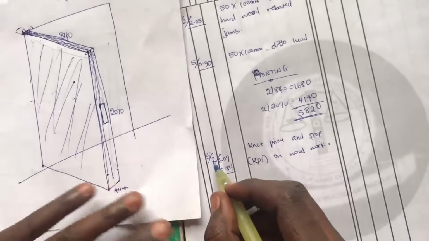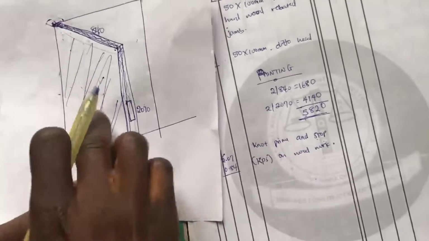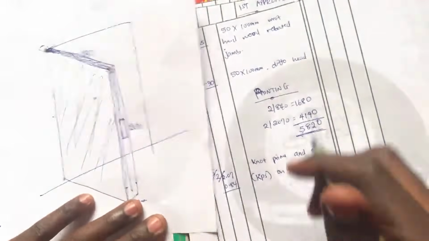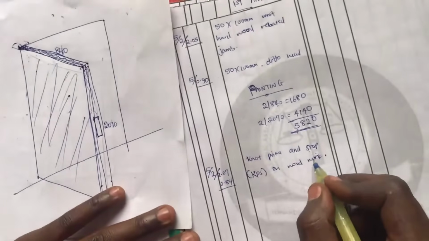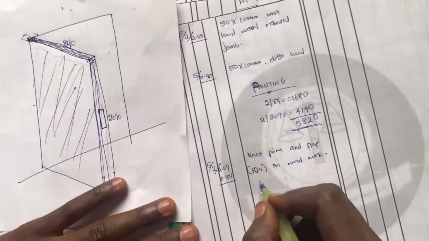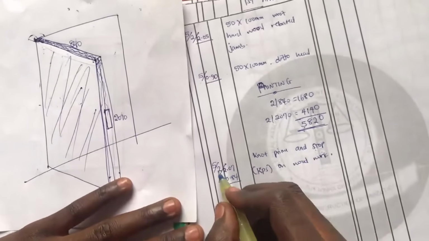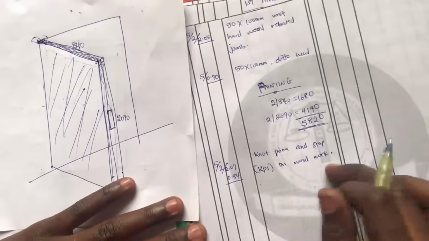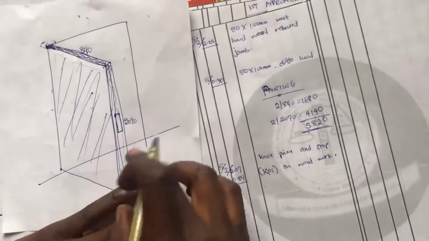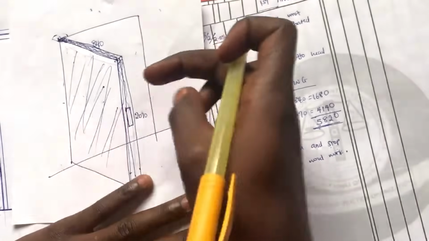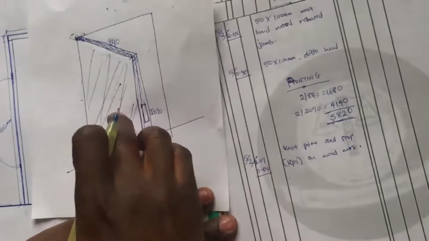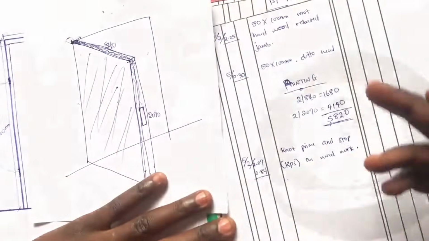Now the reason why I'm multiplying it by 2 is because I'll paint both outside and inside. But if I state in my description that the painting is going to be internally and externally, there's no point putting 2 here, but I did not state it in my description, so I'm going to say by 2. The painting is going to cover internal and external. Then 5, because we have 5 number of doors.